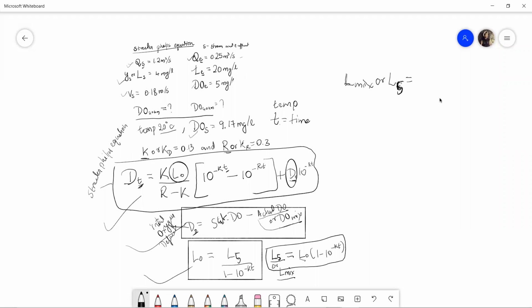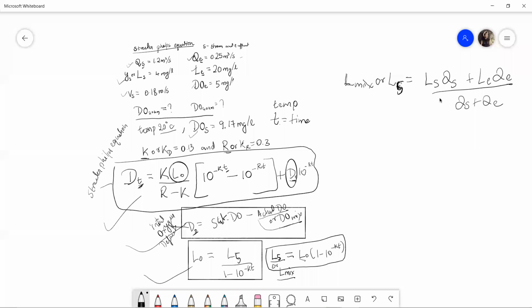C is equal to QS CS plus QW CW divided by QS plus QW, right? That formula you remember for finding out the concentration. So similarly, L5 is equal to LS QS plus LE QE divided by QS plus QE.